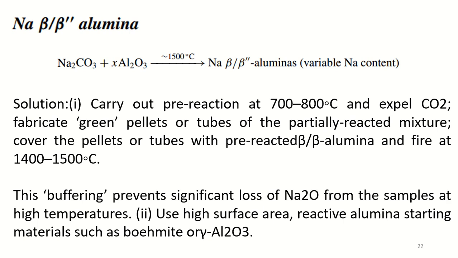Number two is to use high surface area reactive alumina starting materials such as boehmite. These have a defect spinel structure which is quite similar to the beta double dash alumina product, and the first stage of reaction involves an intercalation of sodium ion into the particles of alumina.